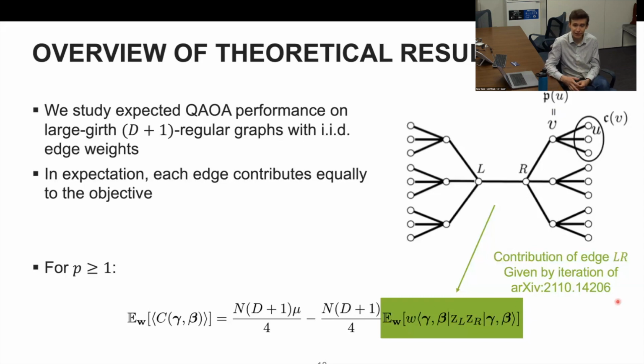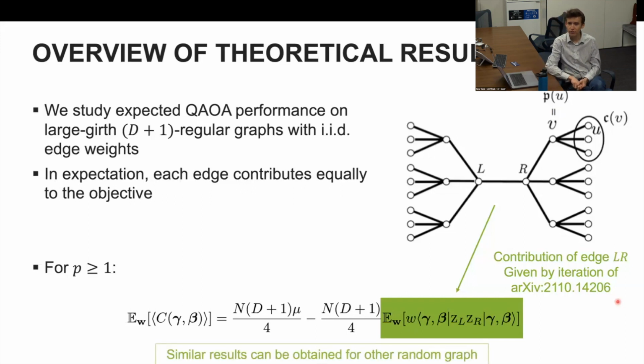Now, in the expected case, it's not too difficult to adapt it to the case where we have edge weights on this tree that QAOA sees from each edge. And this iteration is what we use to derive the correspondence between the weighted and unweighted case.